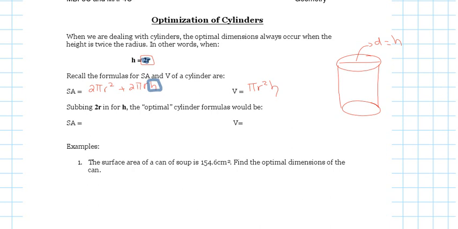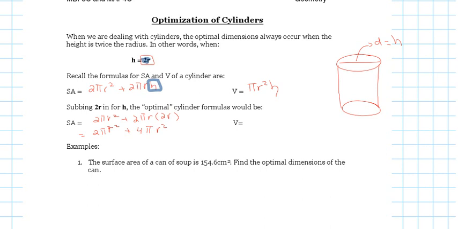2 pi r squared plus 2 pi r times 2r. So that's going to be 2 pi r squared plus 4 pi r squared, right? Are you guys okay with that? 2 times 2 is 4.